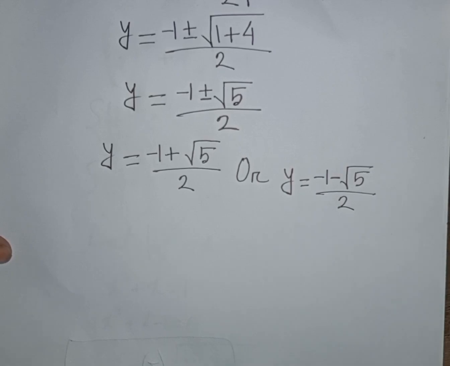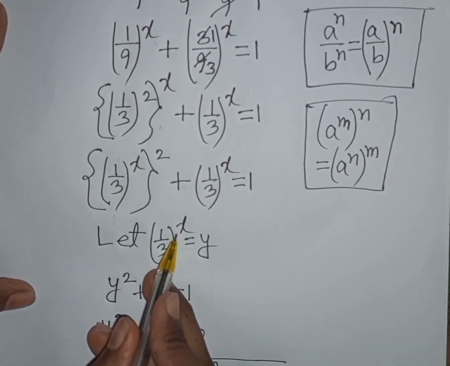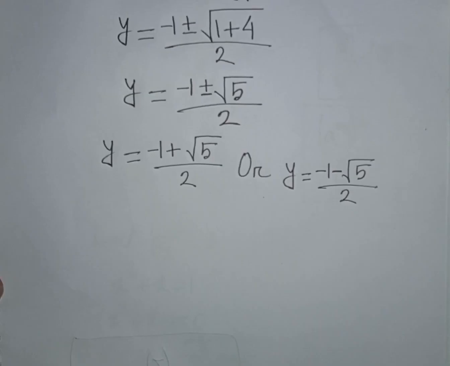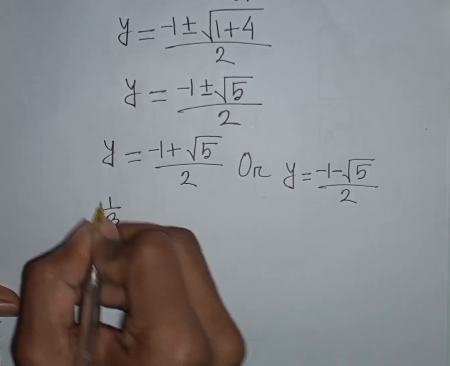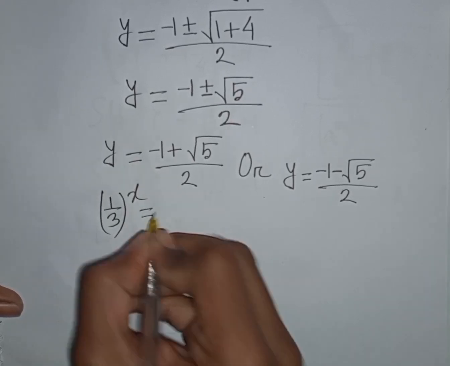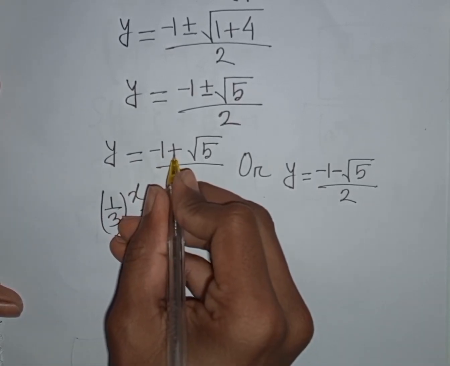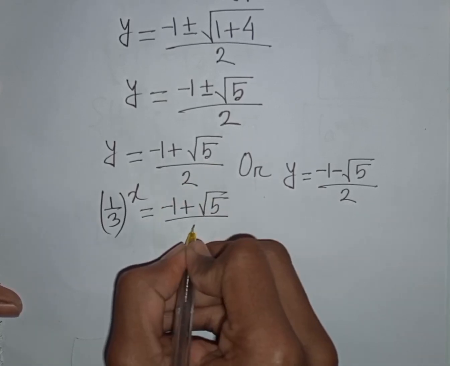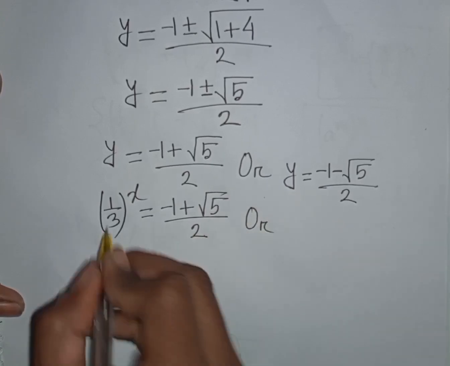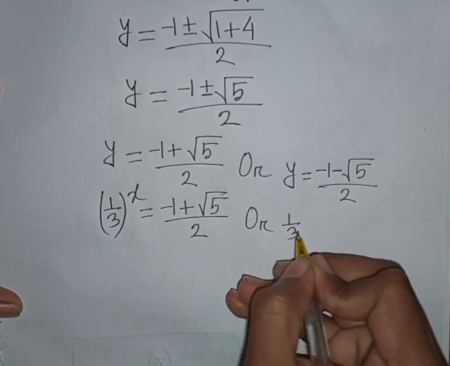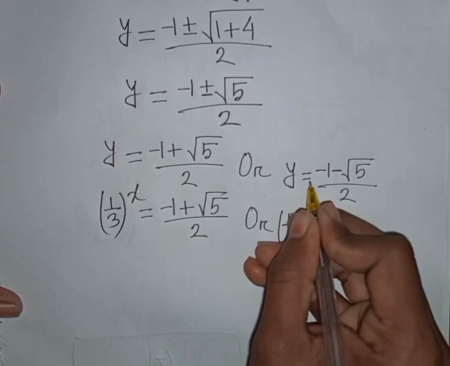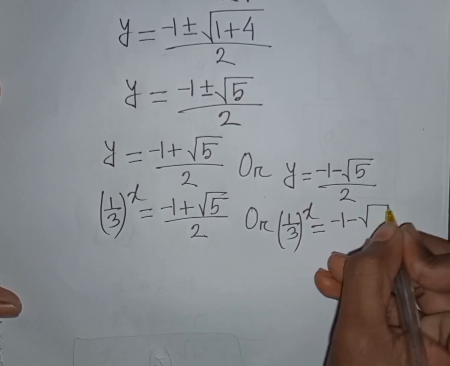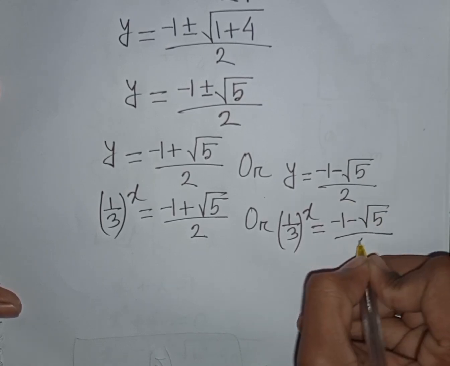Now remember that we let (1 by 3) bracket power x be substituted by y. So y, that means (1 by 3) bracket power x, is equal to minus 1 plus square root of 5 divided by 2, or (1 by 3) bracket power x is equal to minus 1 minus square root of 5 divided by 2.